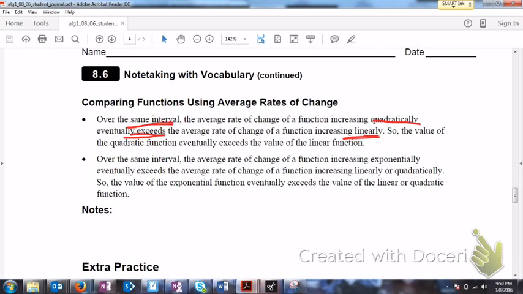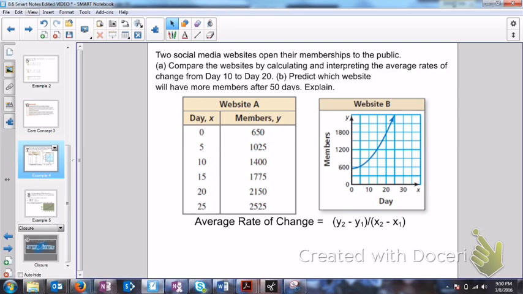So quadratics increase more than lines. And then exponential functions increase a lot more than lines or quadratics. And we saw that in the graph. That one got a lot bigger, a lot faster. So in order to do this, we're going to need a couple examples here with some graphs. So I'm going to go ahead and drag those over here. And let's take a look at a couple examples.